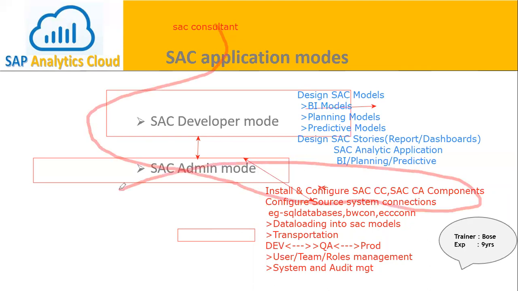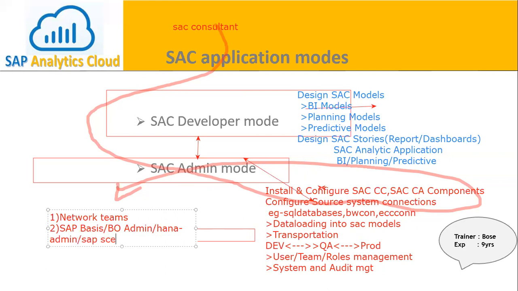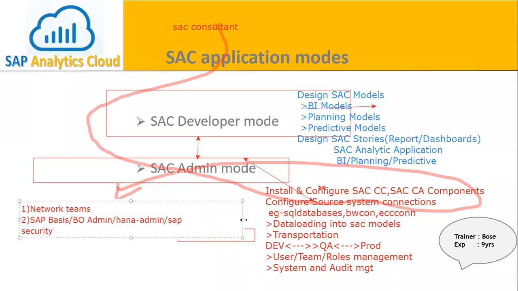We have to work with different teams. What are the different teams? We'll work with network teams, SAP Basis or BO admin or HANA admin, and SAP security teams.